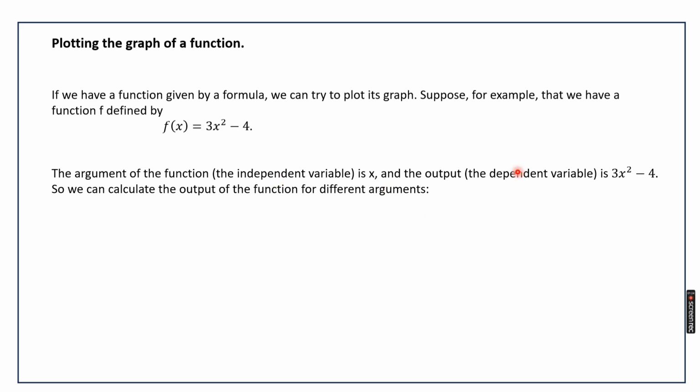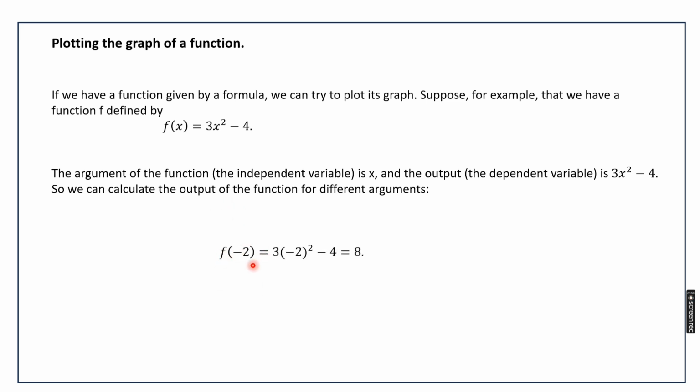But the dependent variable depends on the value of the argument or the input. So if you take 3 for the value of x, the value of the dependent variable will change. When we take 2, it will change. So dependent and independent variables are very different. So we can calculate the output.